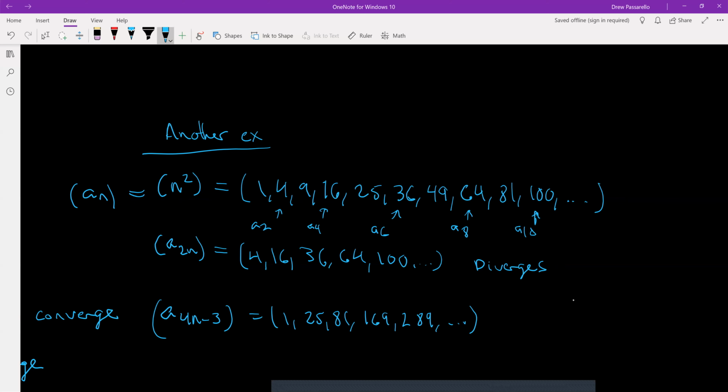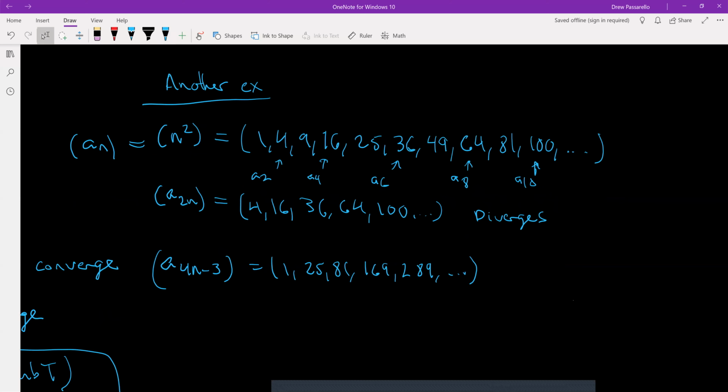As far as what these were in the original sequence, this is A1, this one's A5, that's A9, then A13, and then A17.